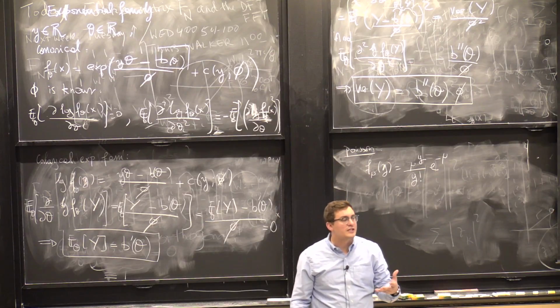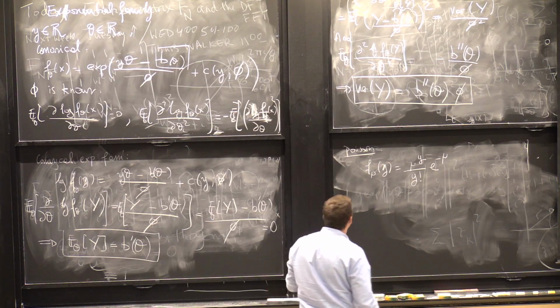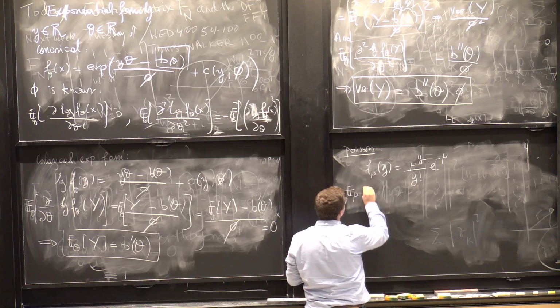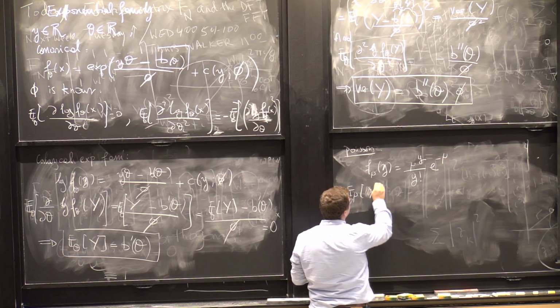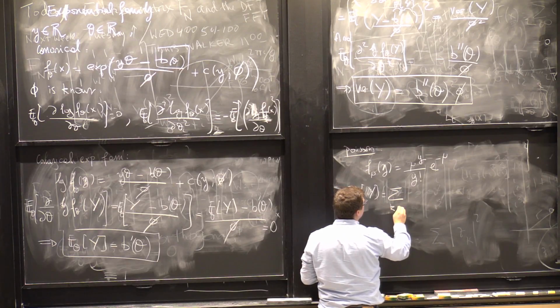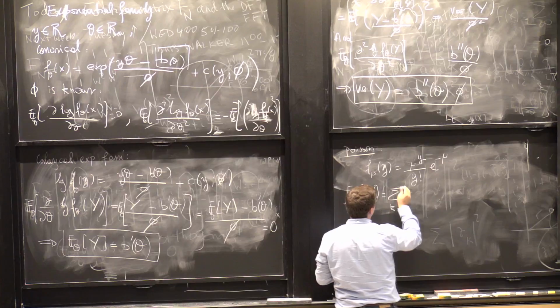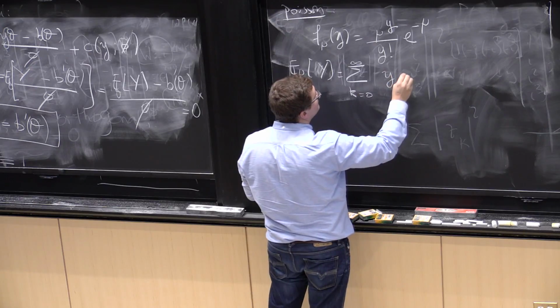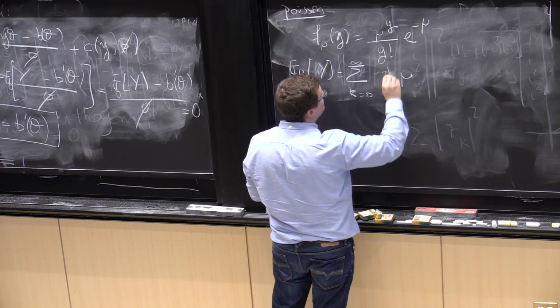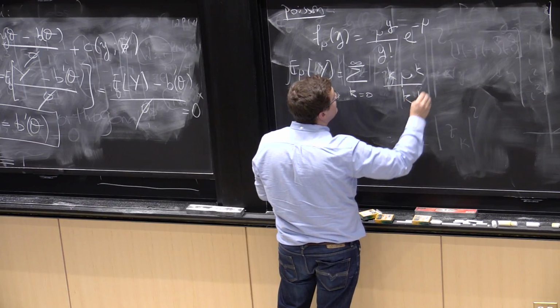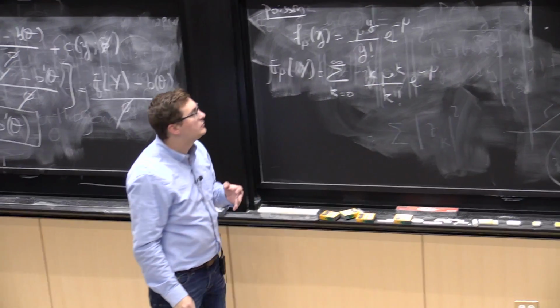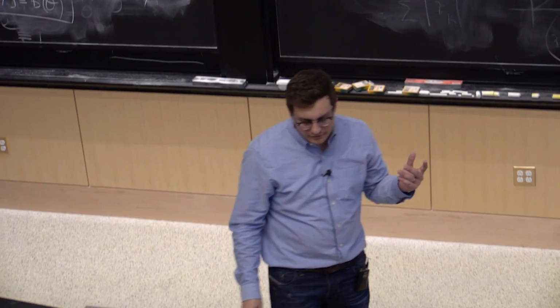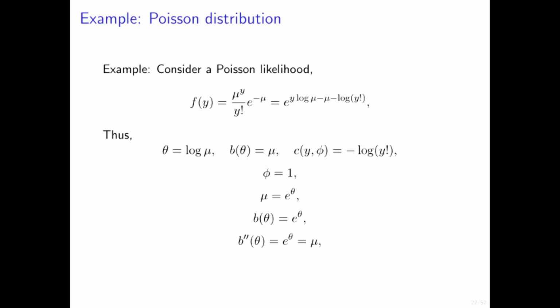But then if I wanted to start understanding what the expectation of this thing is, so if I want to understand the expectation with respect to mu of y, then I would have to compute the sum from k equals 0 to infinity of k times mu to the k over factorial of k exponential minus mu, which means that I would essentially have to take the derivative of my series in the end.